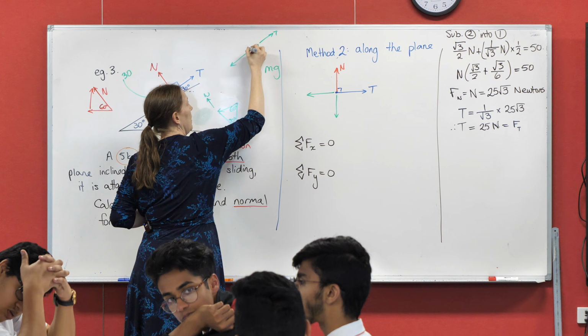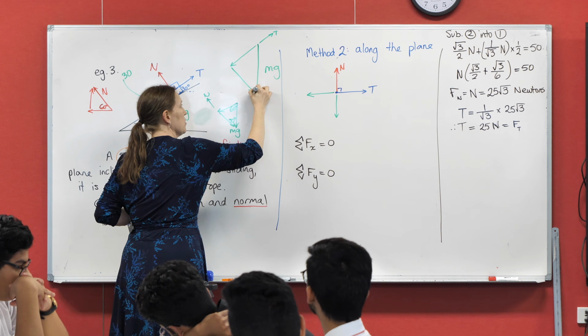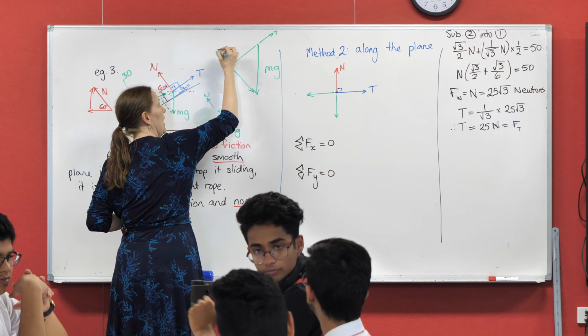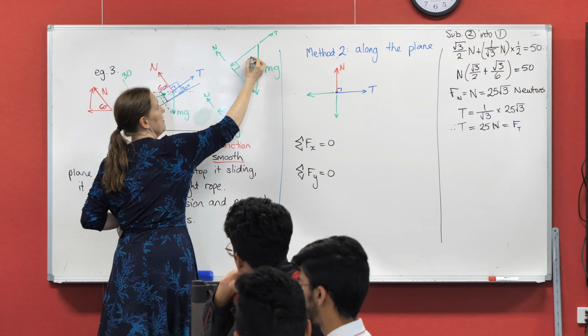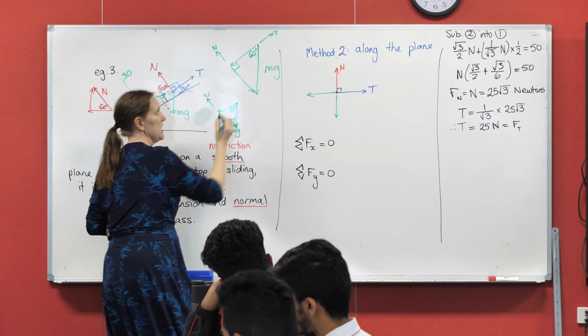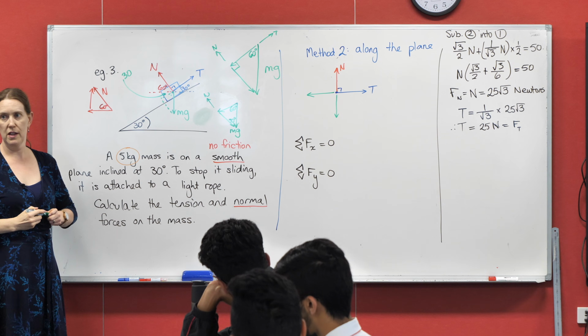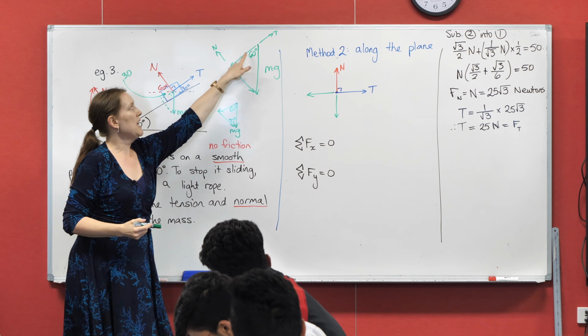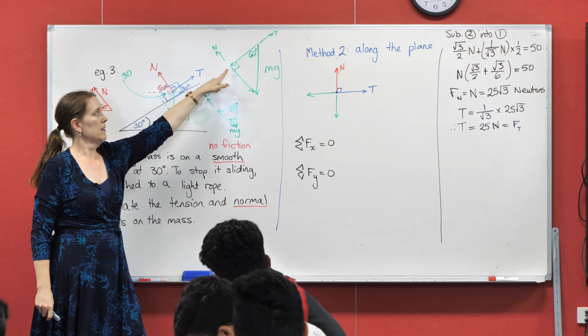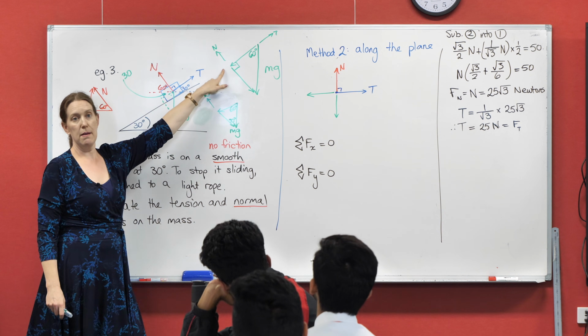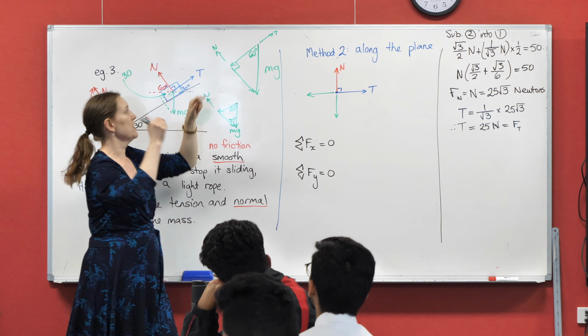Remember, T was up that way. Here's my N direction. N was up this way. And that's my right angle. We've said this one here is 60, and that's the one we want to go with. What is this T component going to be? mg cos 60. There we go.